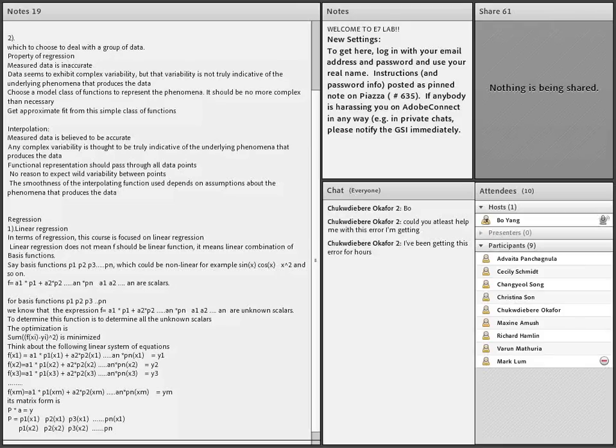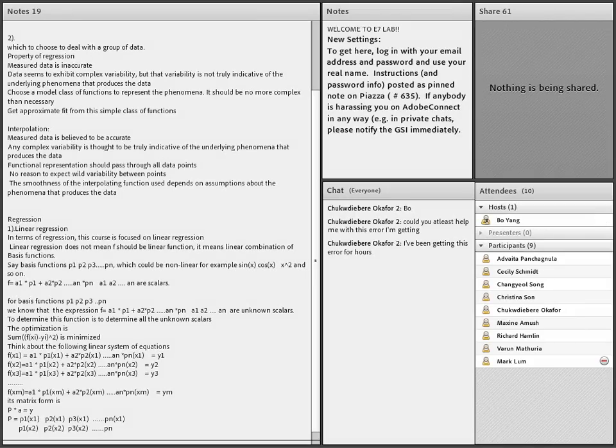Before we take care of that minimization, let's first think about a group of linear equations. Say f(x1) equals a1 p1(x1) plus a2 p2(x1), then to an multiplied by pn(x1) equals y1.